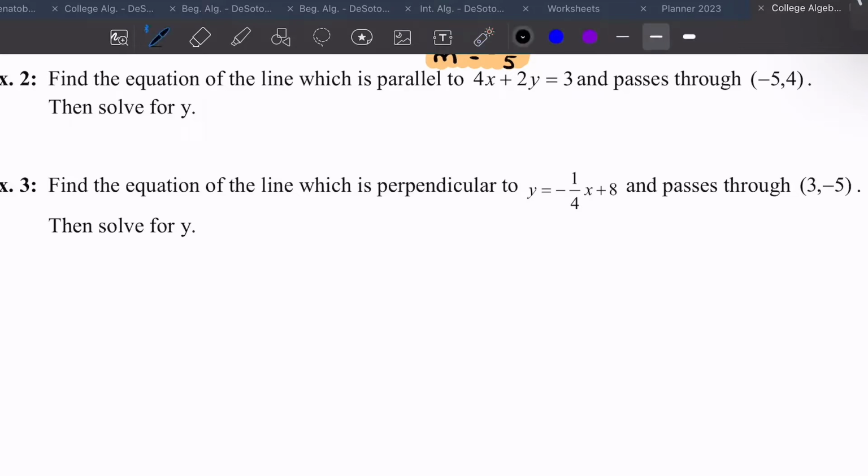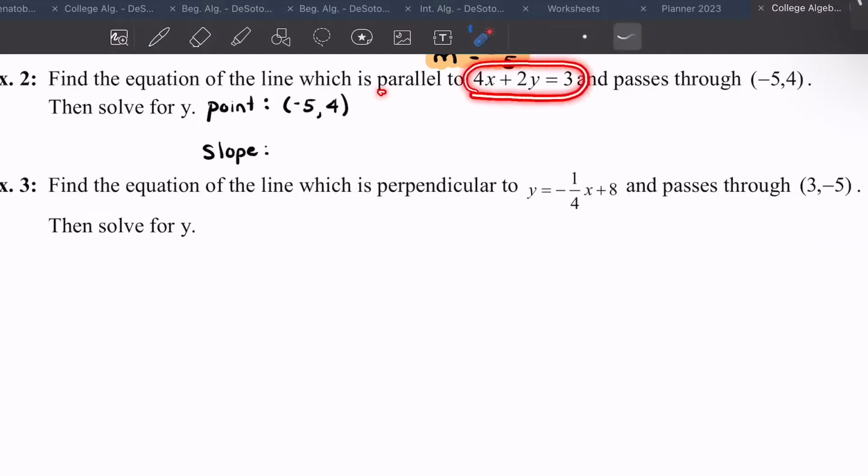So we need a point and we need slope. This is for my parallel line, okay? I have a point, obviously I was given it. So it's -5, 4 is going to be my x1 and y1. But my slope, I don't have yet. But I know that my slope is going to be the same as whatever the slope of this line is because it's parallel to this line.